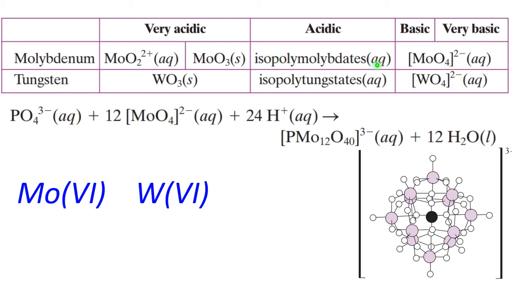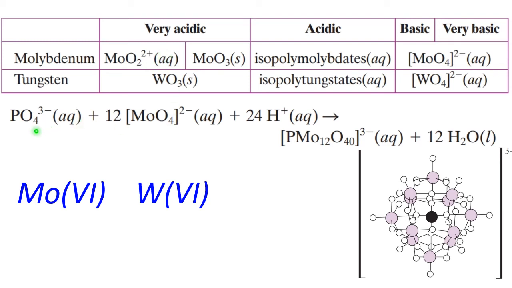In acidic area, they are polymeric anions for both of them. But in very acidic area, tungsten makes solid tungsten trioxide, while molybdenum can make the same and then dissolve, make cationic species, still soluble in water.